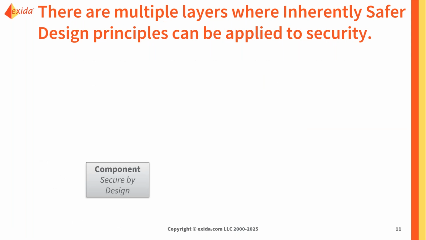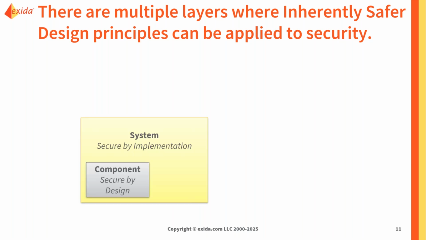And when we look at taking that and applying it to cybersecurity, it's not just a one-to-one mapping where we can think about it at the site level, but it actually fits for different layers, different pieces of the overall cybersecurity framework. So from a component perspective, so looking at a single hardware or software component, really the secure by design concept ties in nicely with inherently safer techniques.